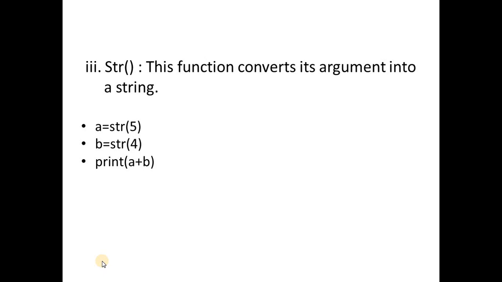Now we are printing a plus b. It will not return 9 because 5 and 4 are no more numbers. They are strings, so the output will be 54, because the plus symbol will concatenate or join the strings.